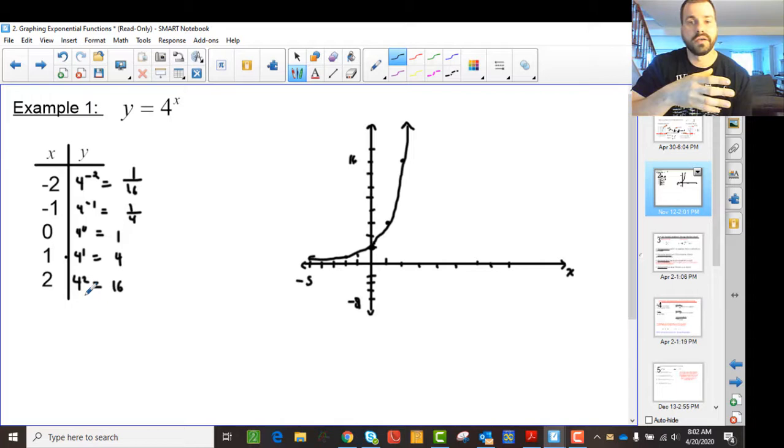So most exponential graphs, I guess is what I'm trying to say, it's really close to the x-axis that we're going to see anything. We're not going to stray very far from that, because when we do, the numbers get huge.